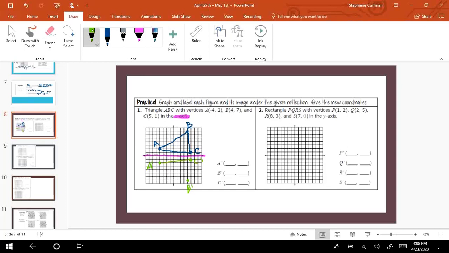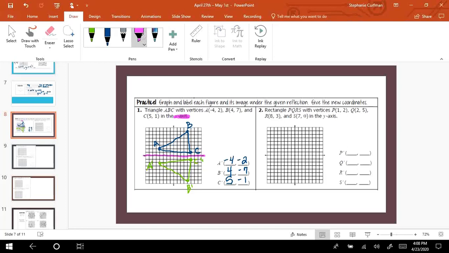And then you can see that when you connect the dots, you have that reflected mirror image of that triangle. Now the coordinates you can actually get pretty quickly. The coordinate of A prime is -4, -2. The coordinate of B prime is 4, -7, and C prime is 5, -1.